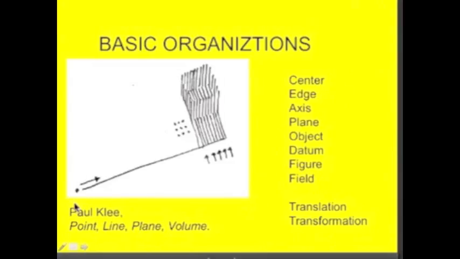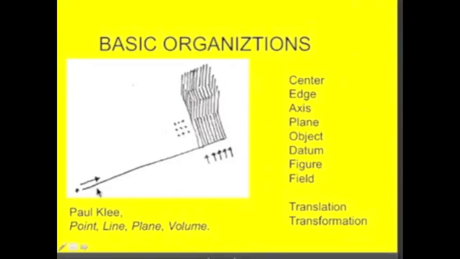And curiously enough, volume or object at a different scale gives you the idea of center. Things can be organized around it. So it seems like there are two fundamentally different conditions that we have here. One might be center, and the other one might be edge or datum.